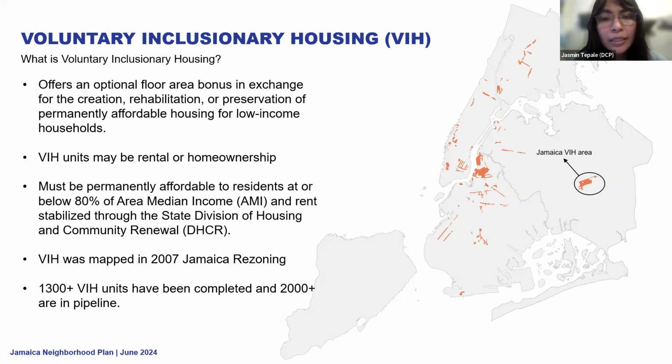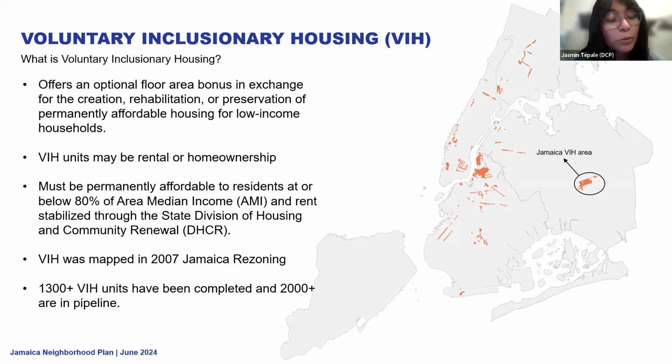With VIH, they had a different structure. So for example, they were looking mainly at 80% AMIs, so they didn't have these other options that MIH currently has. But in Jamaica, since this program was enacted in like 2007 to about present day, we've had about 1,300 units built through that VIH program, this inclusionary housing program, and about 2,000 units that are still in the pipeline that may get built in the future.